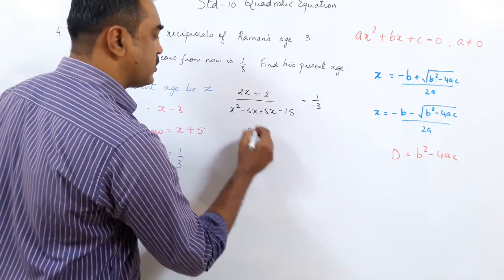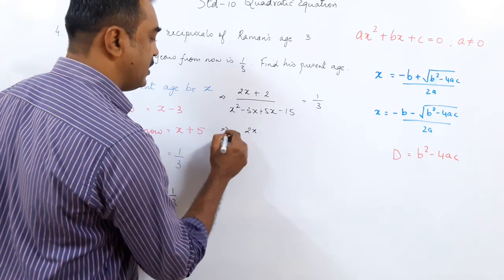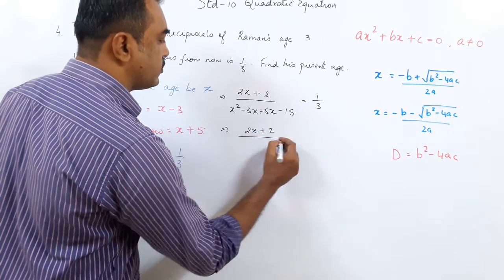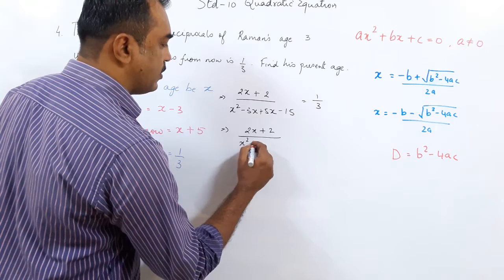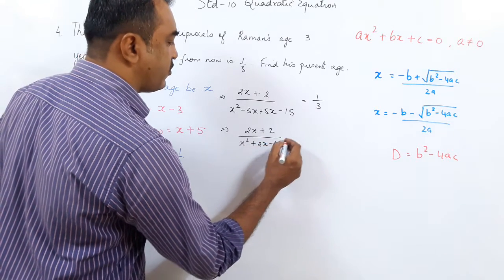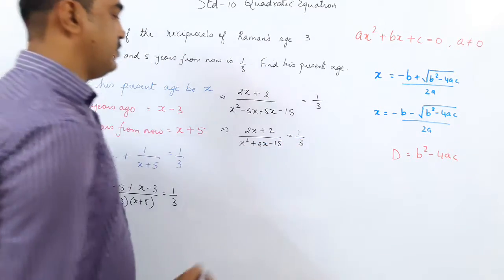So we have 2x + 2, which implies (2x + 2) upon x² + 2x - 15 equal to 1/3.